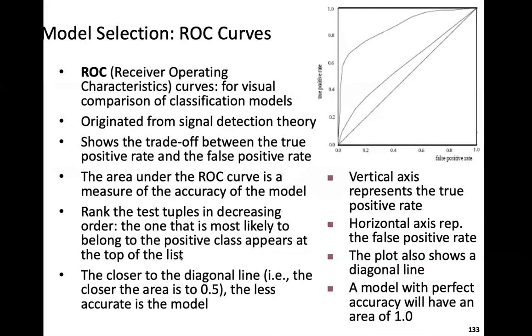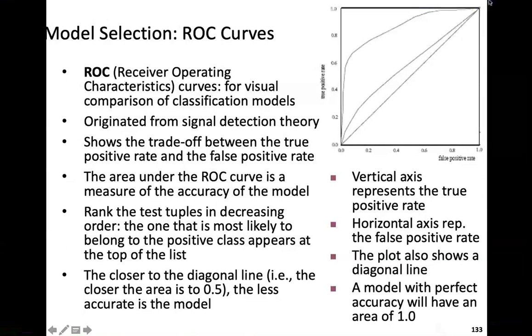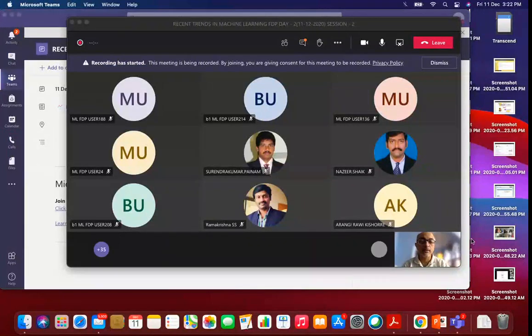The closer it is to the diagonal line, the less accurate the model is. If the model is perfect, this line just goes straight up. Practically you won't see it like that, but if it's a better model, it will rise up steeply and then follow closely along the value 1.